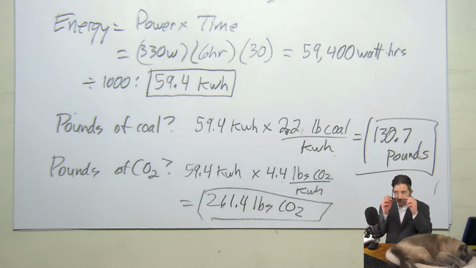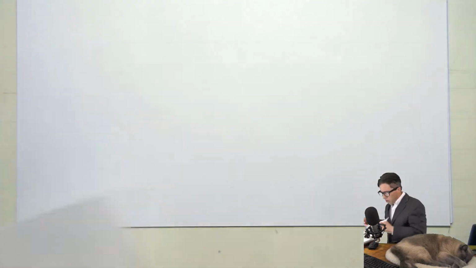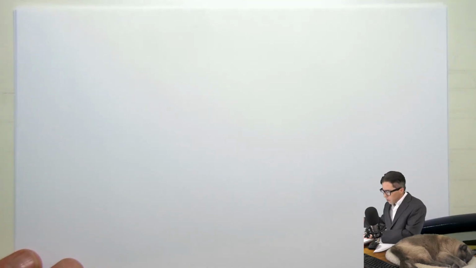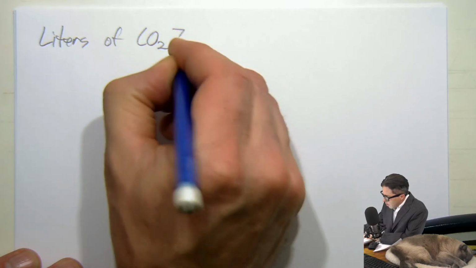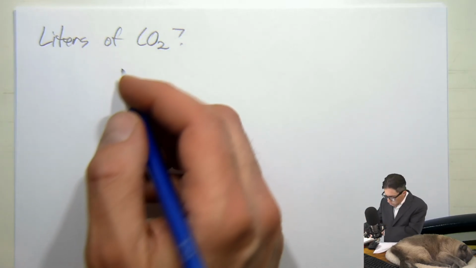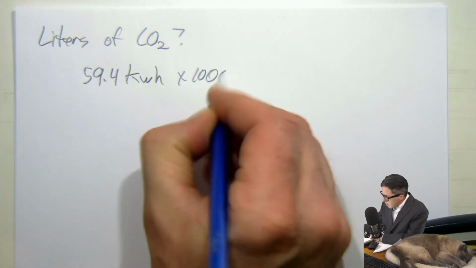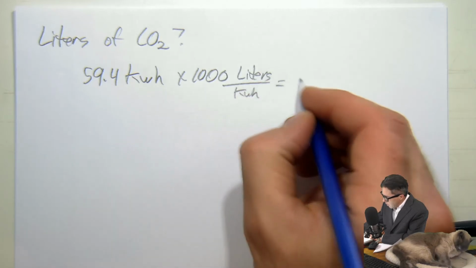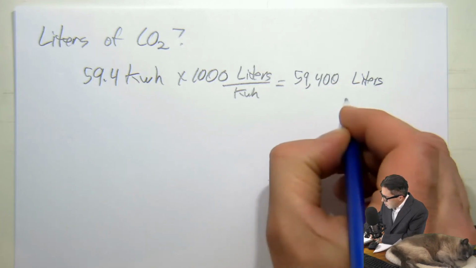So that's pounds of a gas. How many liters is that? I go back to the kilowatt hours and multiply by 1,000. So if I ask how many liters of CO2, I go back to my kilowatt hours, which is 59.4 times 1,000 liters per kilowatt hour, and that's pretty easy math: 59,400 liters of CO2.